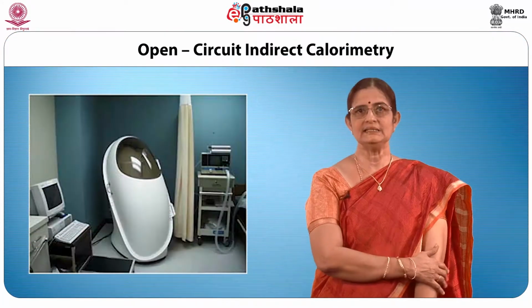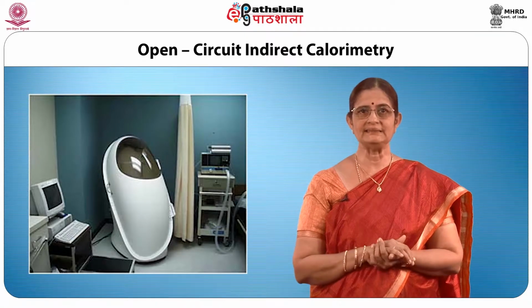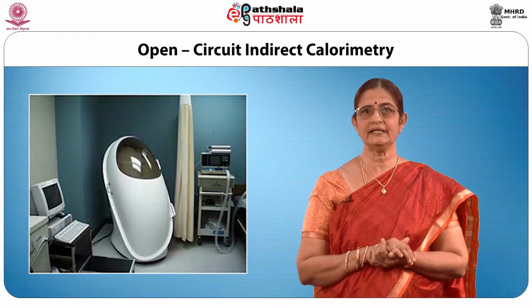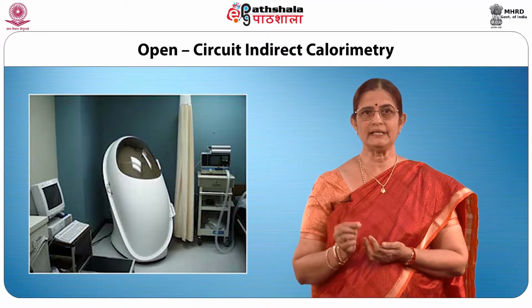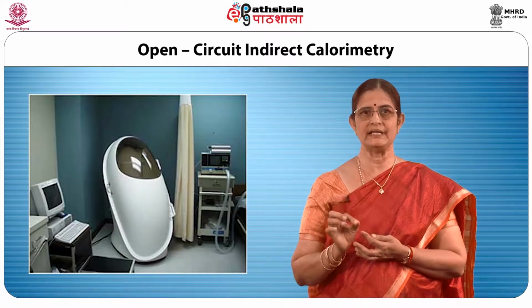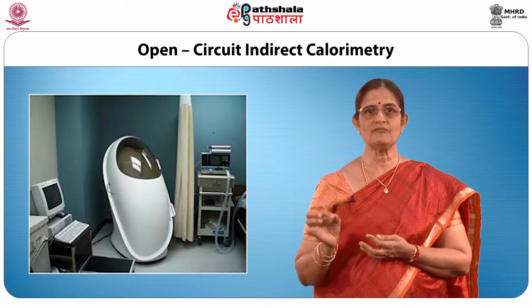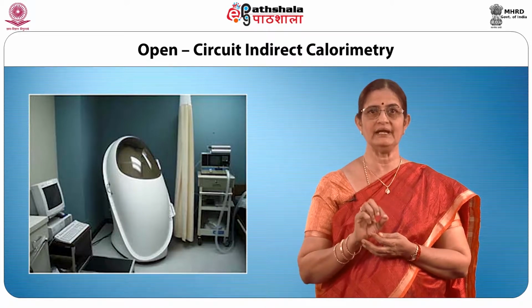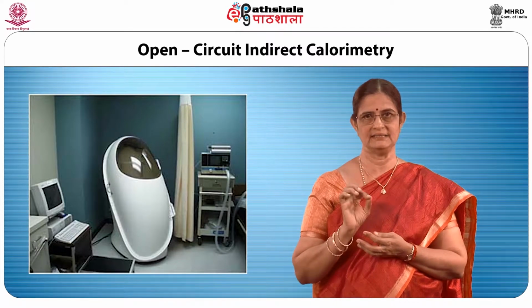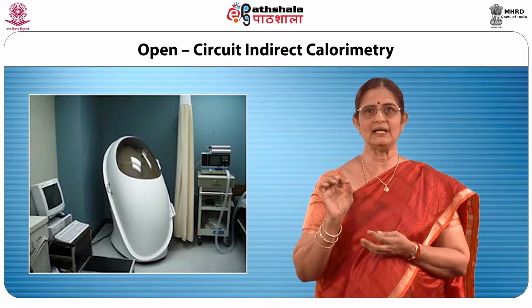Now, we will see the next method, open circuit indirect calorimeter. In this method, normal room air is breathed in, and the exhaled carbon dioxide generated from it is measured. Knowing the amount of carbon dioxide produced in a given time allows the calculation of the amount of oxygen consumed to generate that carbon dioxide, and thus the amount of energy released can be calculated.